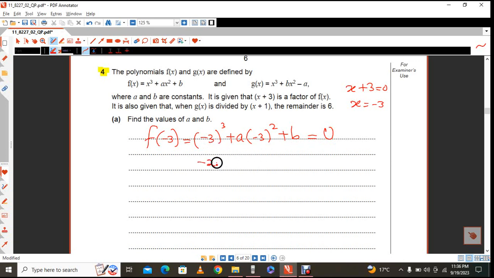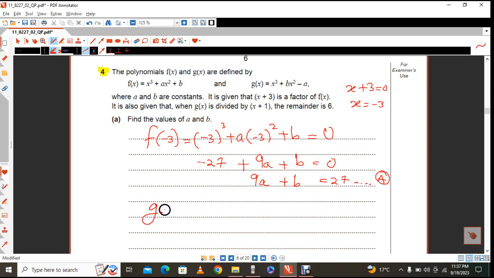So this is nothing but -27 plus 9a, because -3 all squared is +9, plus the value of b gives you obviously naught. So at the end of the day, this is 9a plus b equals to 27, which could be your first equation if you have to look at it like that. This over here can be my first equation.